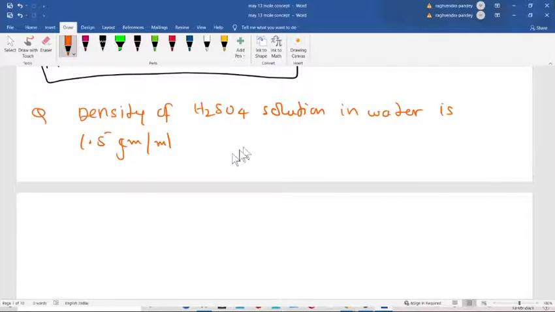Okay, this is the density. I didn't tell you the percentage yet, so this question is not required here.